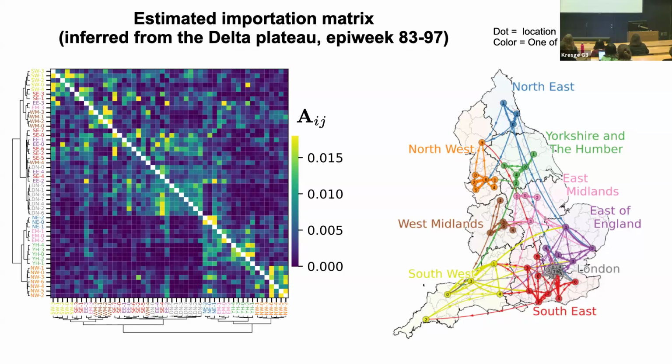Before we really look at this, another thing I have to tell you is we have ordered the different entries here in a particular way. Namely, we looked at the rows and introduced a distance between locations by looking at the similarity of two rows. If two rows are exactly identical, that would mean these two regions import from other regions in exactly the same way.